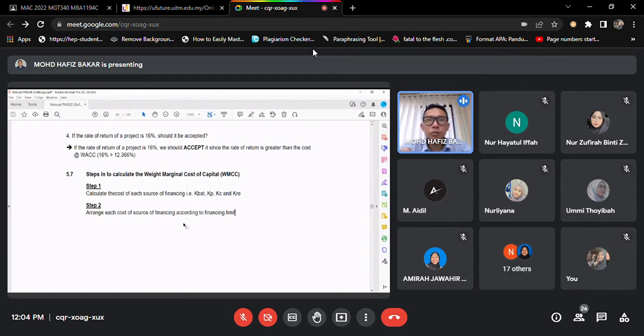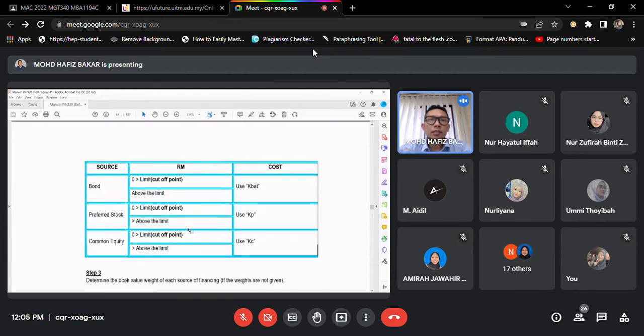This one we will go further into using the example for our exercise. Later you will see how to calculate or identify the financing limit for step number 2.